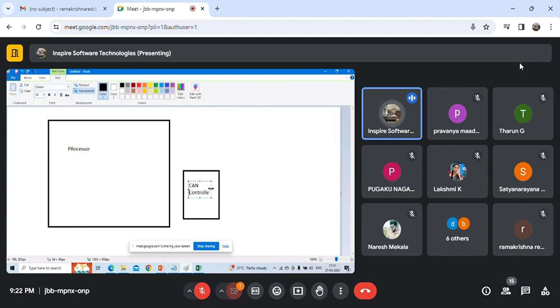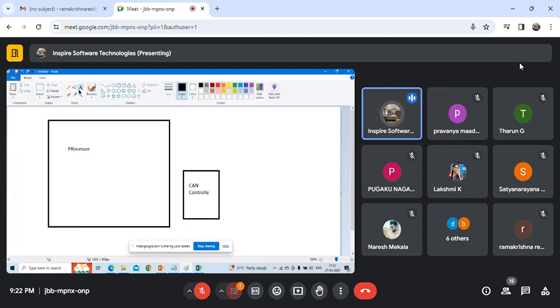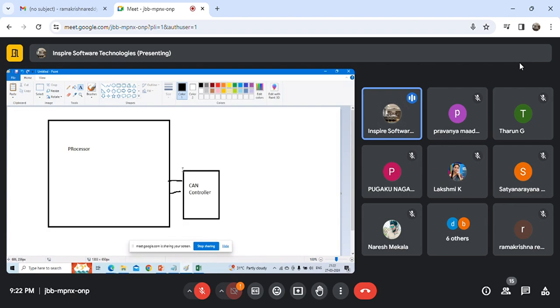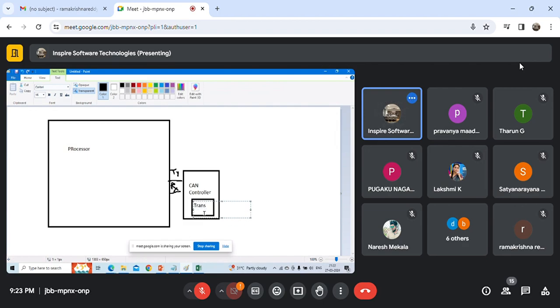The processor will communicate with the CAN controller like this, with transmit and receive. Within this CAN controller you will also have another thing called the transceiver.